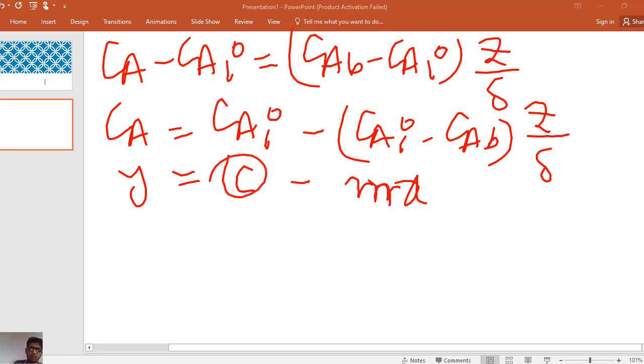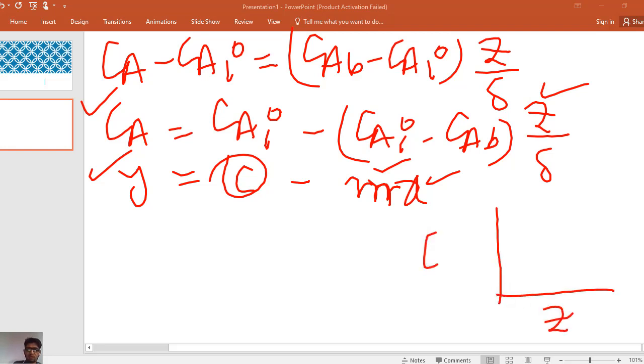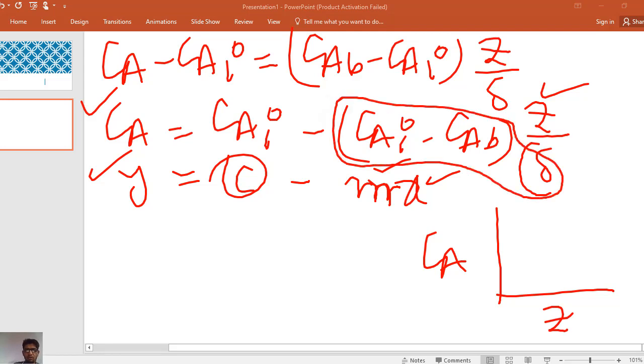The constant is the y-intercept and this is the slope. This is the x-axis and this is the y-axis. So the concentration is on the y-axis and Z is on the x-axis, the Z direction. This becomes Ca, and this is the thickness. This whole term is the slope, and Cai is the y-intercept.